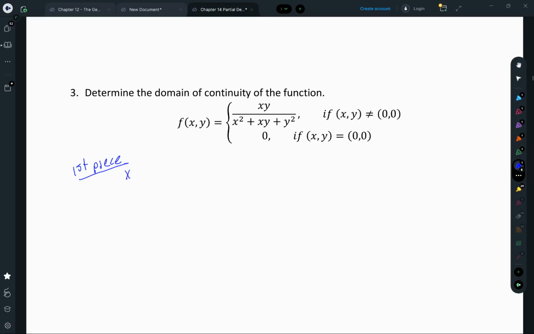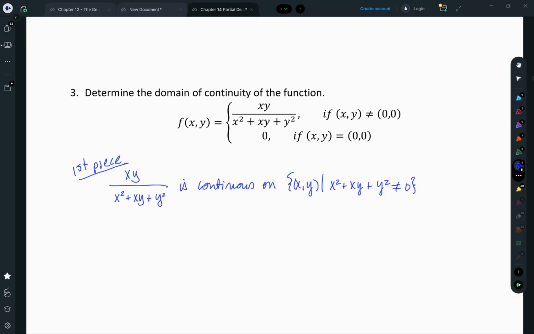In the first piece, xy over x squared plus xy plus y squared is continuous on the set of xy pairs such that x squared plus xy plus y squared does not equal 0. And now we want to see, is the limit as x and y approach 0, 0 going to be equal to 0?